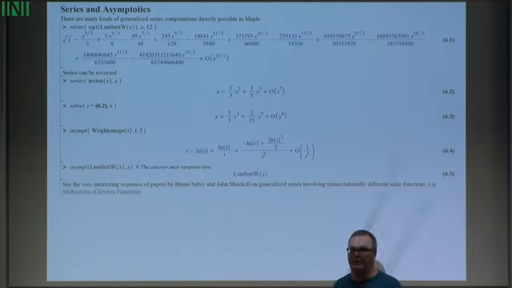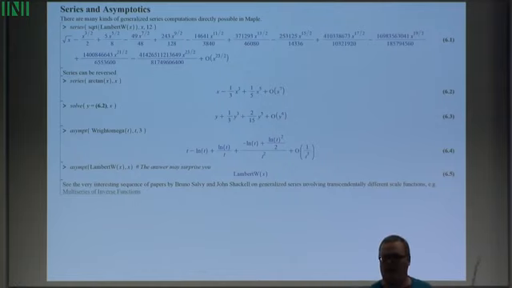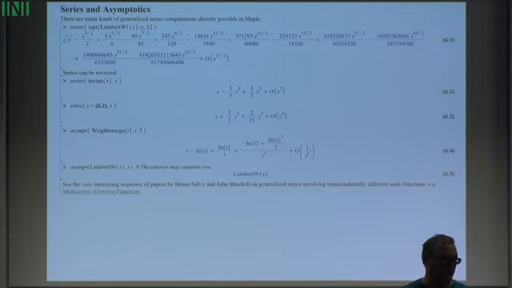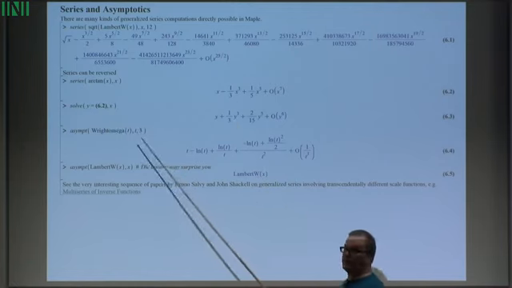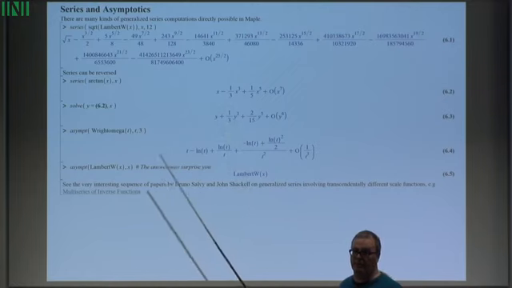Many people know the Lagrange inversion theorem, so they can take a series and reverse it by hand. You don't have to do that with Maple. You say solve, solve y equals this series for the thing that's in the series, and Maple says, oh, you want a solution that's in a series, and it'll reverse the series for you. That's really useful. I like that a lot.